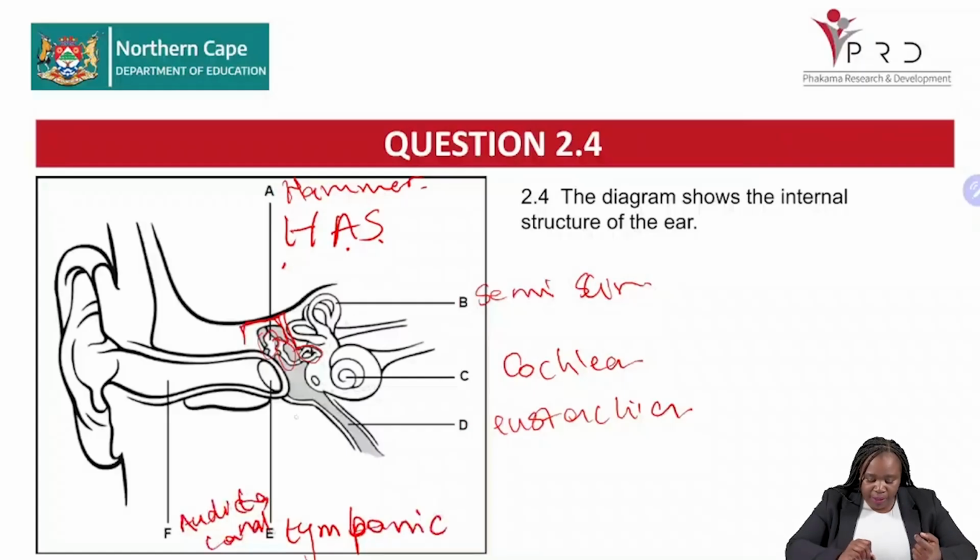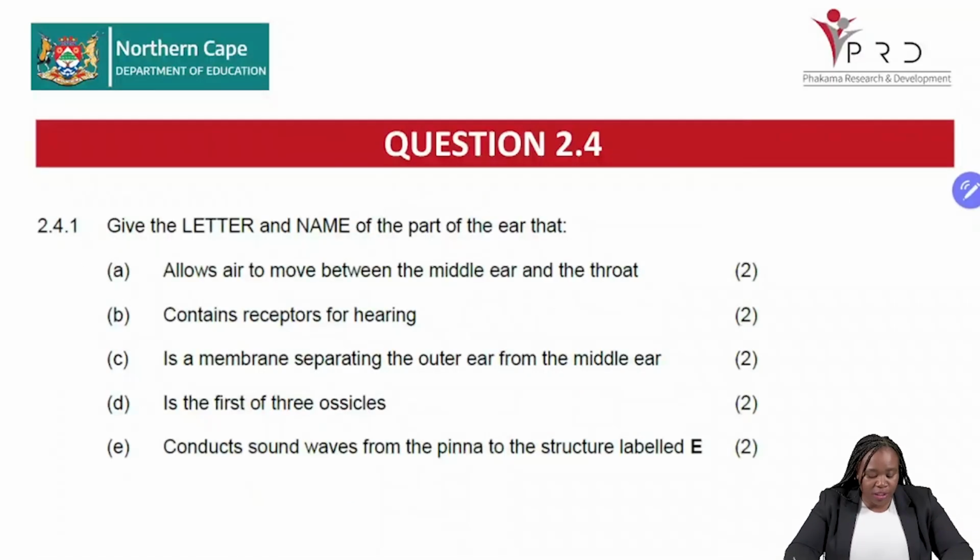And then the cochlea, you know that when the fluid in the inner ear moves, it means that the receptors in the cochlea, the organ of Corti, will be stimulated. Eustachian tube, you know what it does as well. The tympanic membrane vibrating. Auditory canal, you know that it also transmits the sound waves from the outer ear to the tympanic membrane.